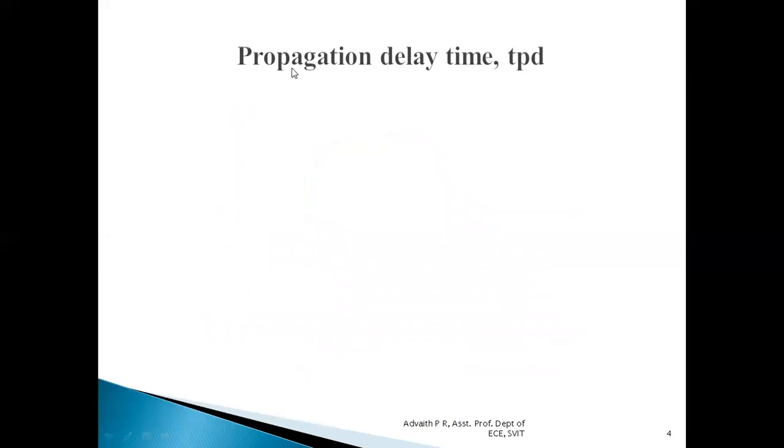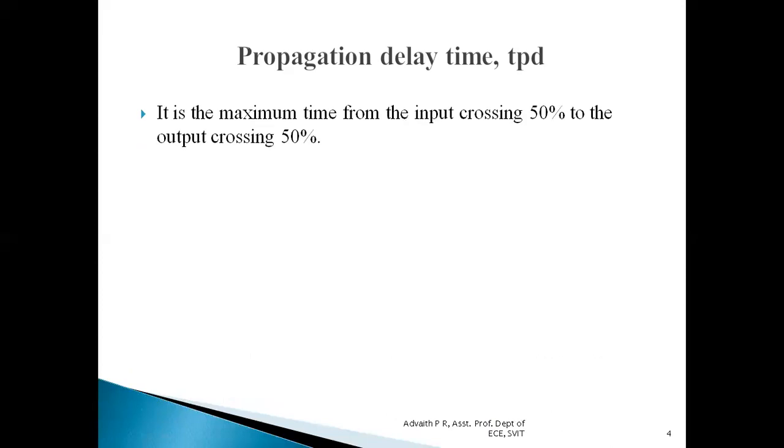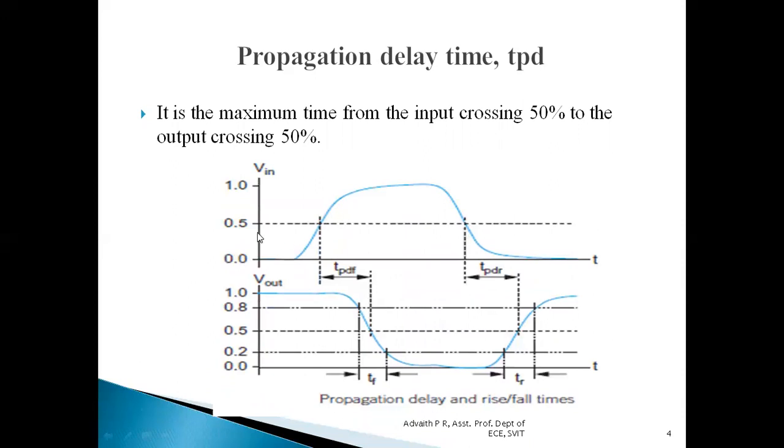First, let us focus upon propagation delay time, which is represented as TPD. Propagation delay time is the maximum time from the input crossing 50% to the output crossing 50%. I'll repeat once more. Propagation delay time is the maximum time from the input crossing 50% to the output crossing 50%, which can be easily shown in this waveform.